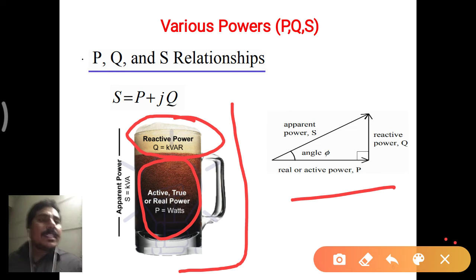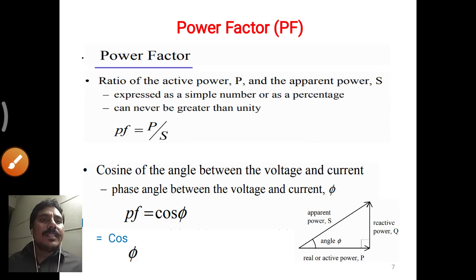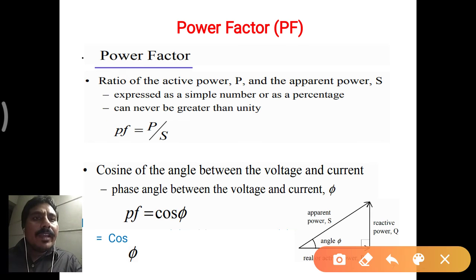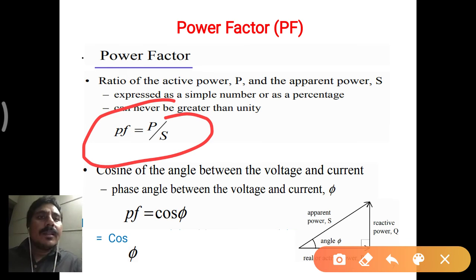Now, next part, we have to go for power factor. Very, very important. The power factor is represented as PF. It is the ratio between true power and apparent power.